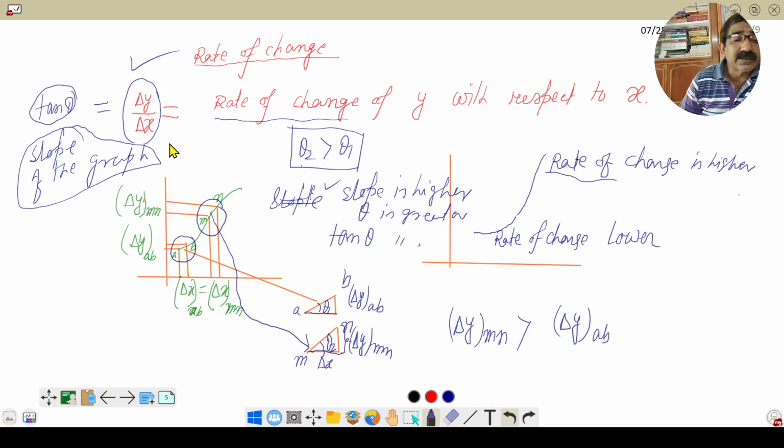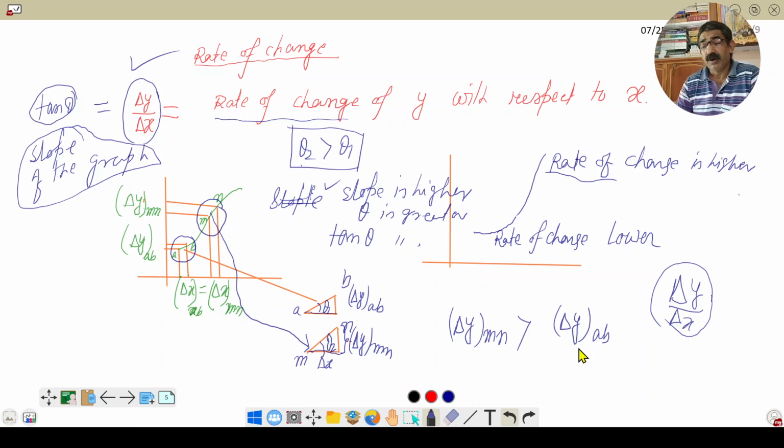All the indicators give the same information about the nature of the graph, but it is spoken in different languages. So very simply, you can say what delta y by delta x is. You have already known the value. And what is slope? You have already understood that value.